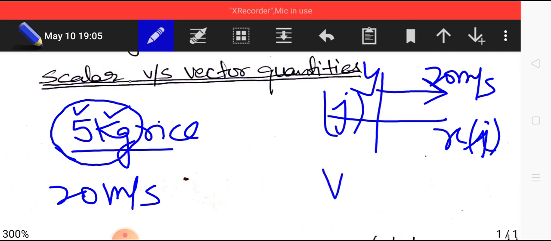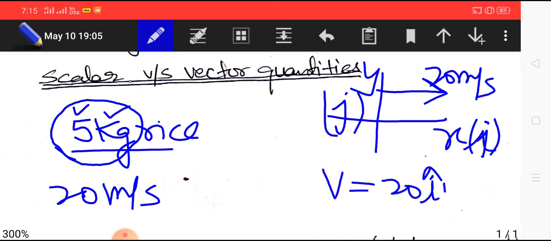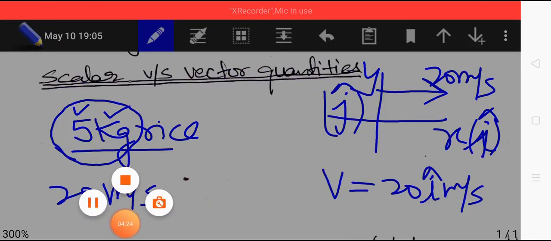So you can say v is equal to 20 i meter per second. Clearly this i is a unit vector and it is representing the direction in which the car is moving. So magnitude as well as direction is what is known as a vector. I'll tell you more about vectors.